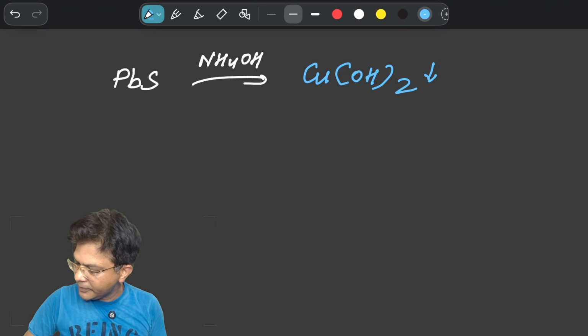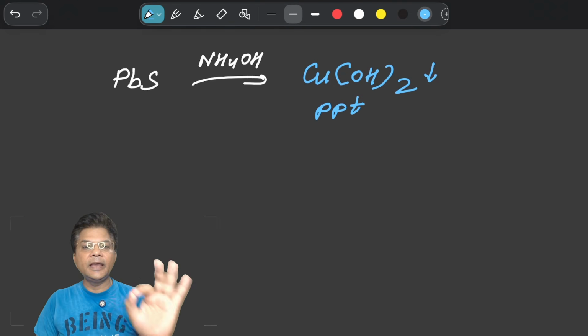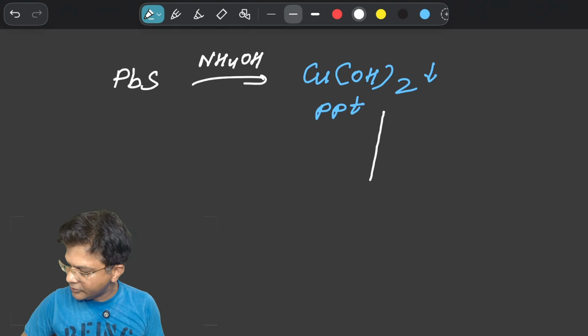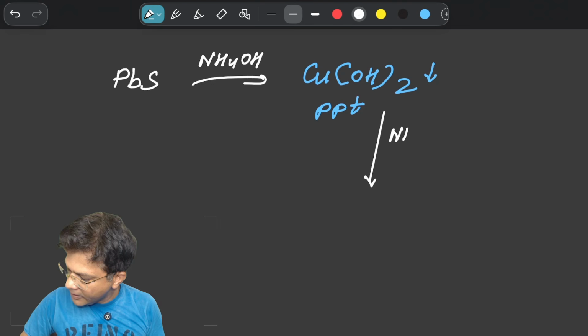This is the precipitate. Now, on adding excess of ammonium hydroxide, this PPT is soluble in excess of ammonium hydroxide.